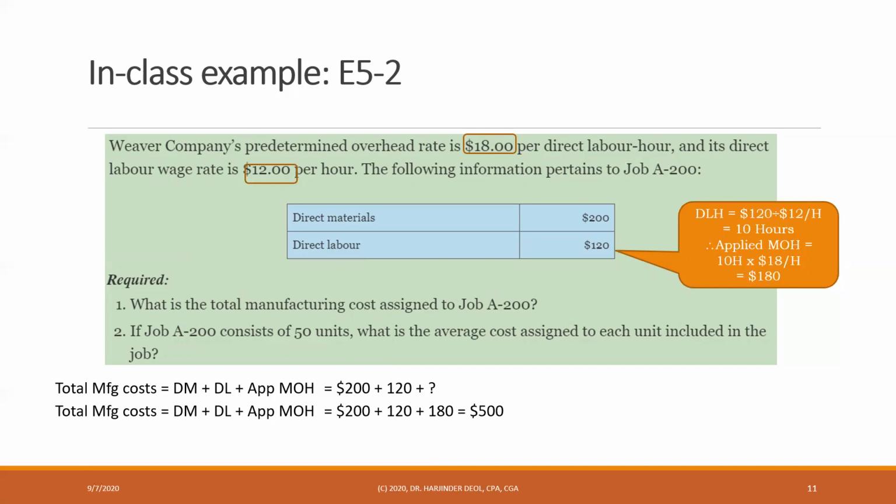Our answer to part 1, total manufacturing costs assigned to job A-200 is $500.